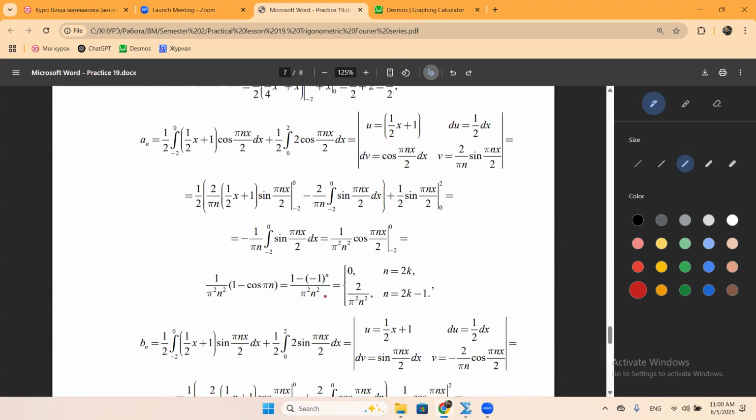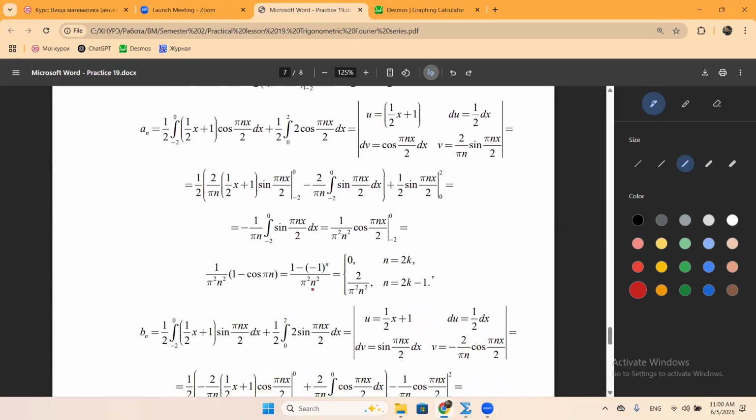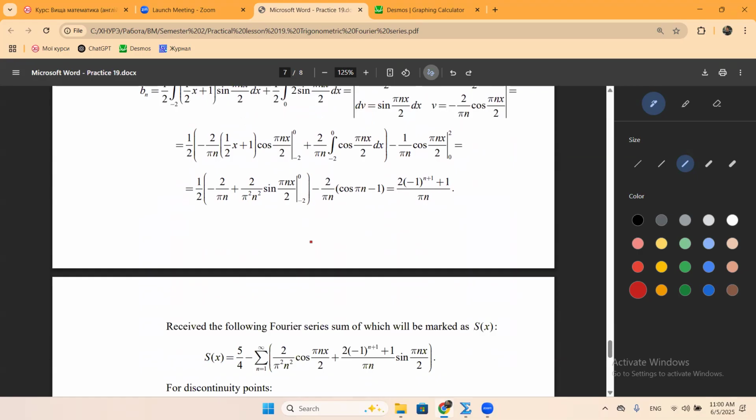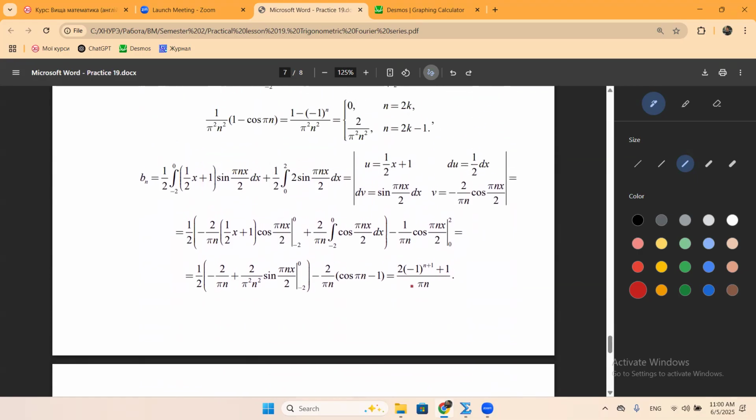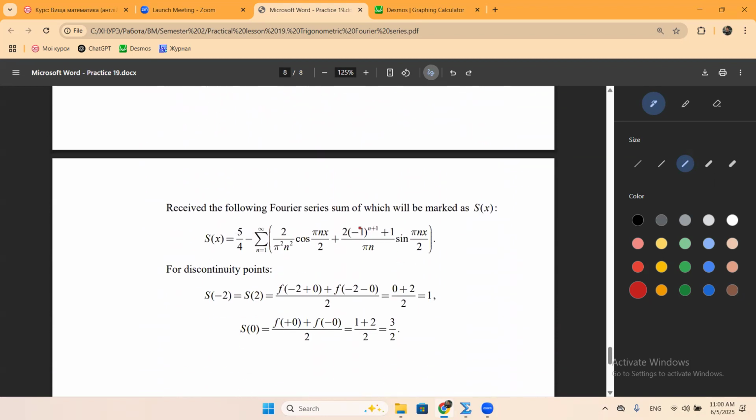Actually I will write it in this form because we have no such alternating signs. We have an alternating sign here for Bn, but it will not turn the expression to 0. So we will receive the following Fourier series. And for discontinuity points, I calculated that at points plus minus 2, it equals 1, and at point 0, it equals 3/2.